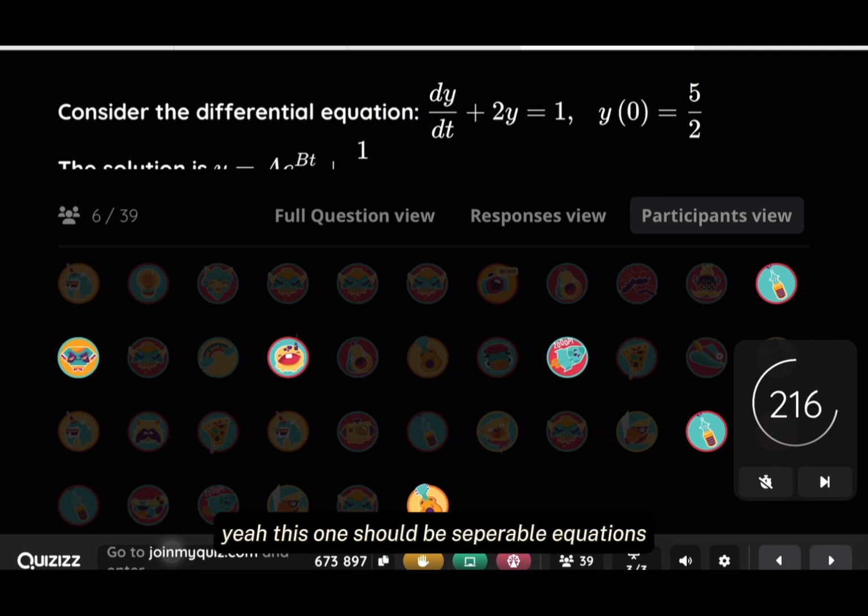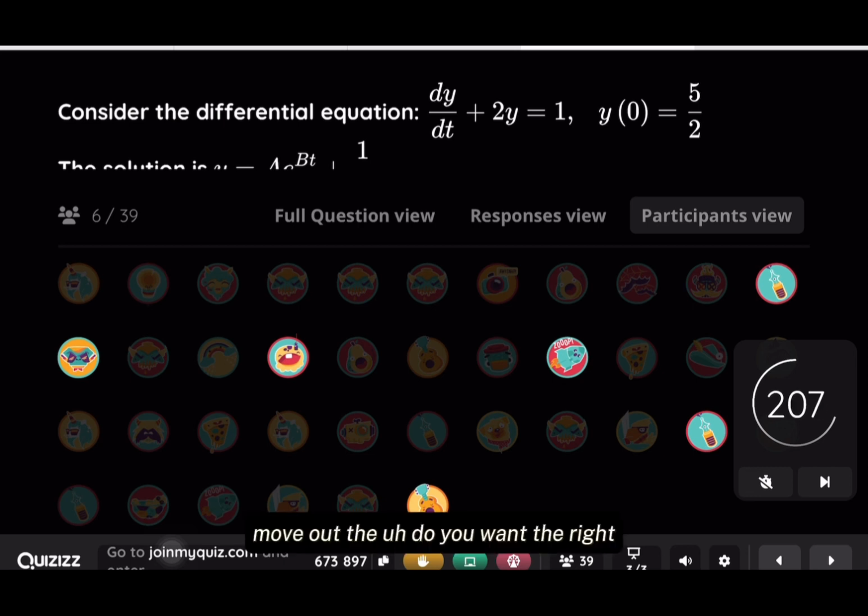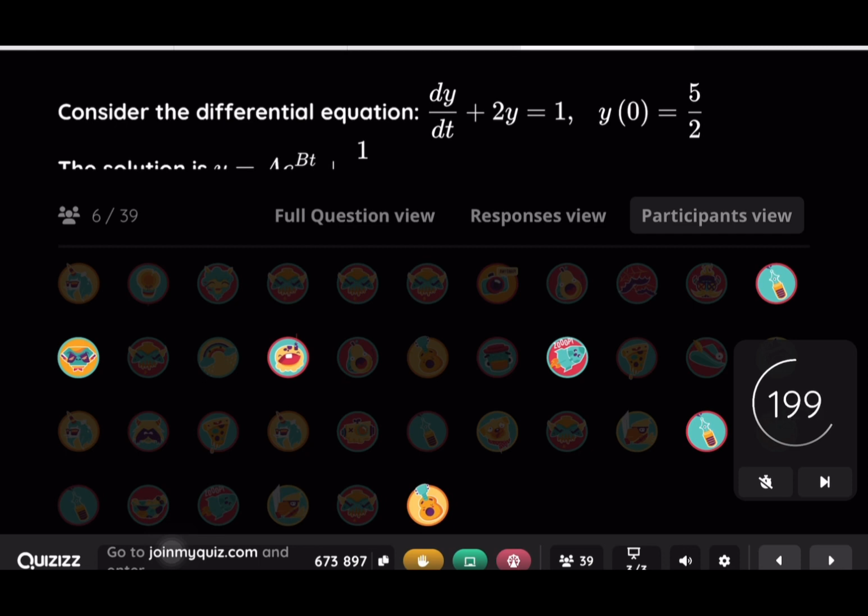Yeah, this one should be a separable equation, right? Move the y to the right. Simple integrations and you look at the result.